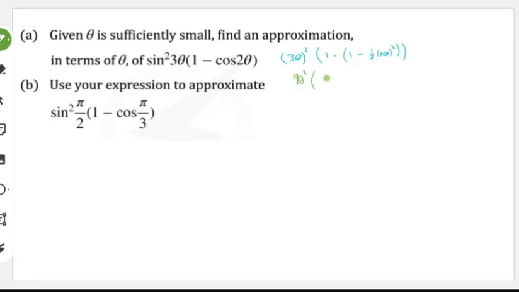I think you might have forgotten the double minus, because then that becomes plus a half times 2 theta squared, which is equal to 9 theta squared times a half times 4 theta squared, which is equal to 9 theta squared times 2 theta squared, which gives you just positive 18 theta to the 4.